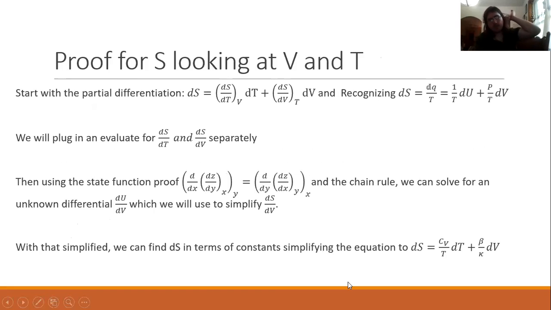So we're going to start from the different partial differentials of dS, ds dt dt and ds dv dv, recognizing that dS is also equal to dq over T. And that's also equal to 1 dU over T plus P dV over T, because q at constant pressure is enthalpy divided by T. And thus, enthalpy is also U plus PV.